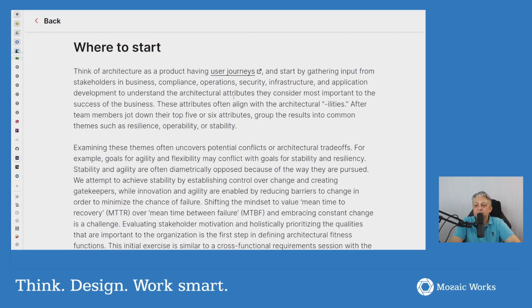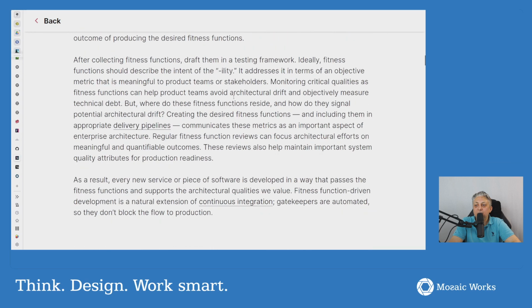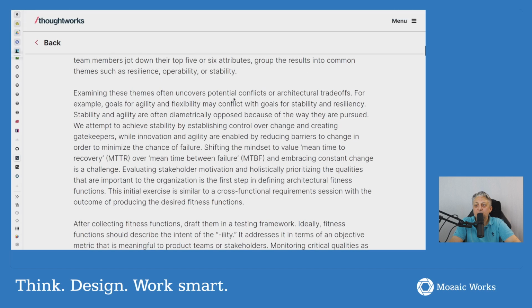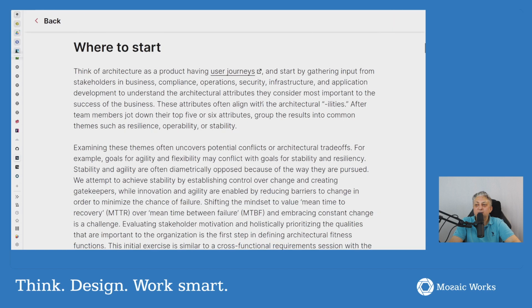Okay, and they developed that into saying, think of architecture as a product having user journeys, and start by gathering input from stakeholders in business, compliance, operations, security, infrastructure, and application development to understand the architectural attributes they consider most important to the success of the business. This is why you need to identify the architectural concerns, like the top things you need to pay attention to.